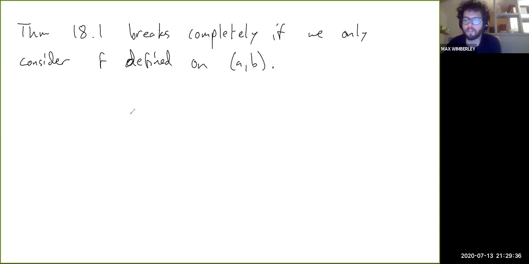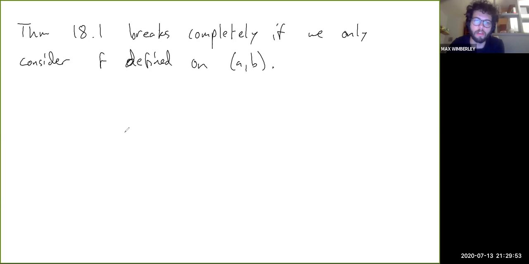Now, of course, if you take a continuous function on a closed interval AB, and then you throw out A and B from the domain and end up with an open interval, then that continuous function will still have to be bounded, although it still might not achieve its maximum and minimum anymore.